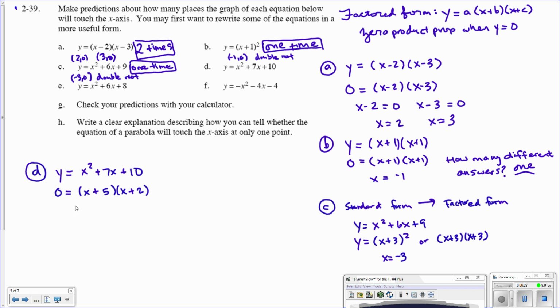We're going to get 2 different factors. So we'd end up with x equals -5 and x equals -2 after you set them both equal to 0. So in this case, it's going to touch at 2 locations. It'll touch at (-5, 0) and at (-2, 0). And if you're not sure on any of them, you can get out your graphing calculator and graph it to see if you're right or wrong.